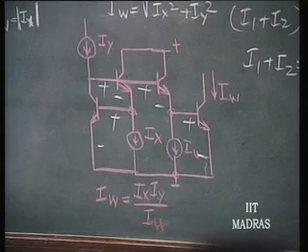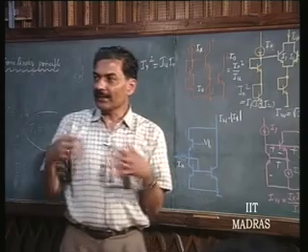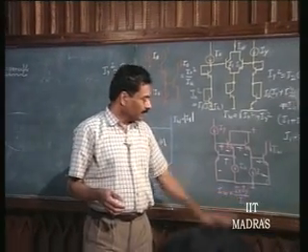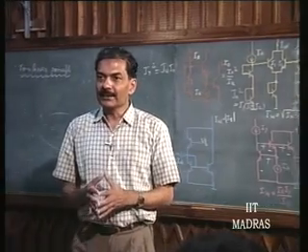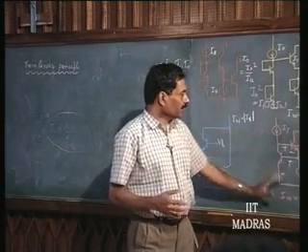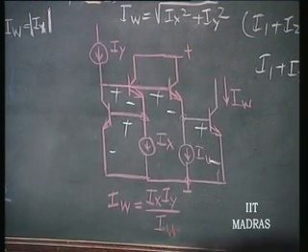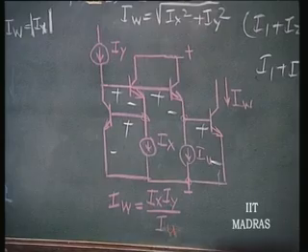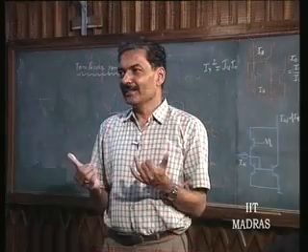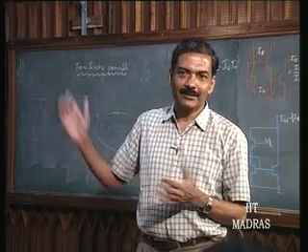If Ix and Iy are the signal currents, it is a multiplier. If you make Iy the reference Iu and this as signal, it becomes a divider. Okay. This is nothing but the basic technique of multiplication adopted by exploiting the principle of log antilog relationship that is inherent in the bipolar transistor.